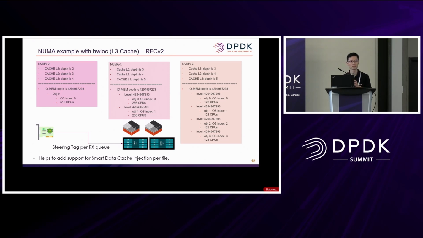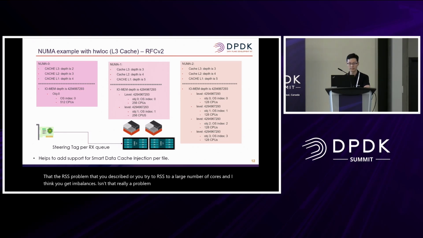Yeah, so the RSS problem that you described, where you try to RSS to a large number of cores, and I think you get imbalances, isn't that really a problem or a constraint of the RSS implementation? I mean, if you could get an even balance of RSS to a large number of cores, or smart RSS. Yes, I agree totally.